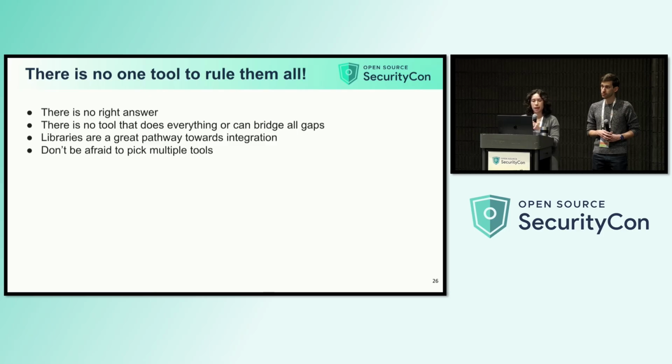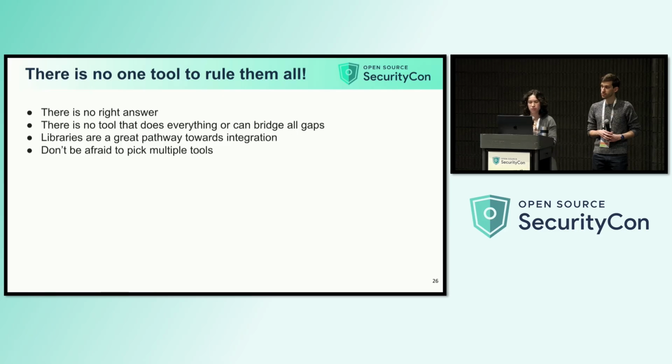And so in hindsight, this may seem like an obvious conclusion, but we also still do see a lot of tools that don't provide libraries, and so this is maybe a helpful reminder here. We also want to highlight, don't be afraid to pick multiple tools. Again, there is no one tool that can really solve every single problem, nor should there be necessarily.